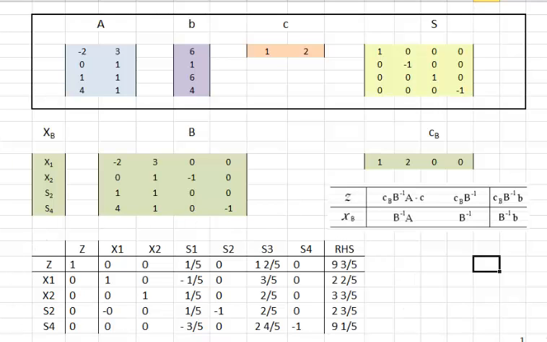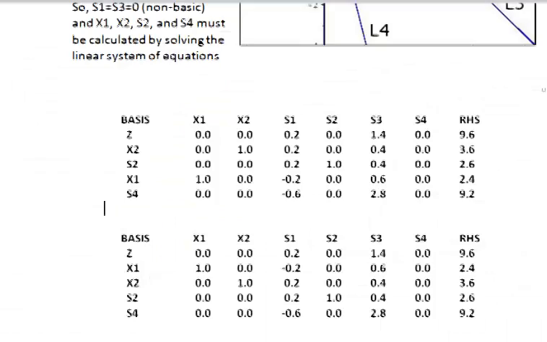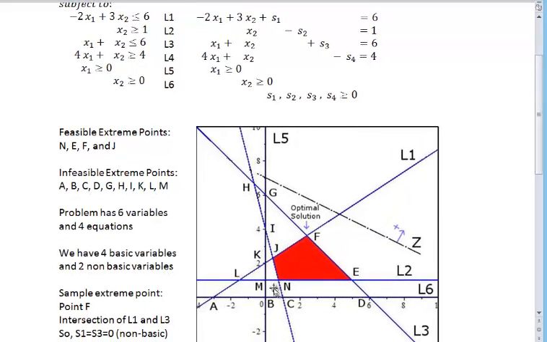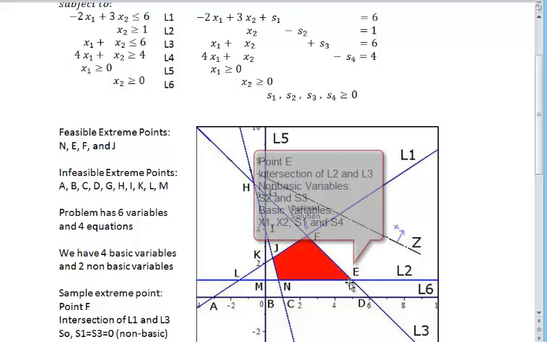So let's go back and review. You pick up any point. For example, if I pick up point E, extreme point E, which is a feasible extreme point of the problem, then point E is the intersection of L2 and L3.